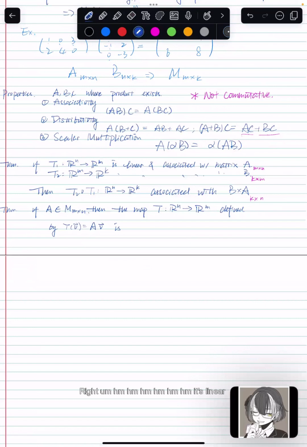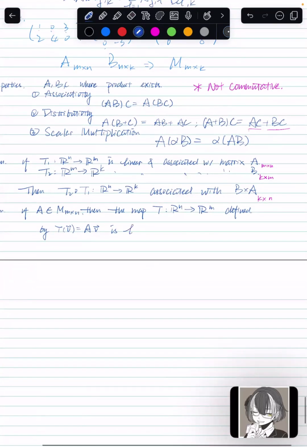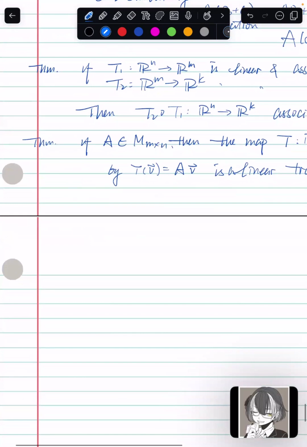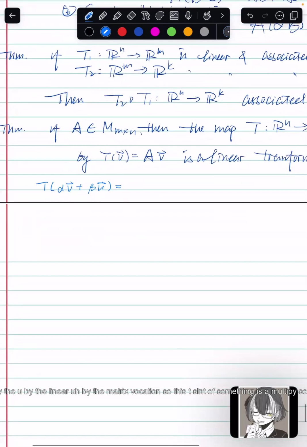It's linear. So we can do the proof for this since A is the matrix associated with T. We can prove linearity by verifying T of alpha V plus beta U by the matrix multiplication.